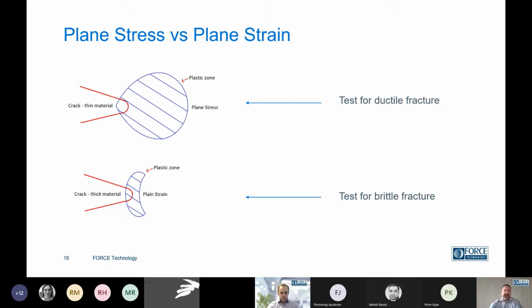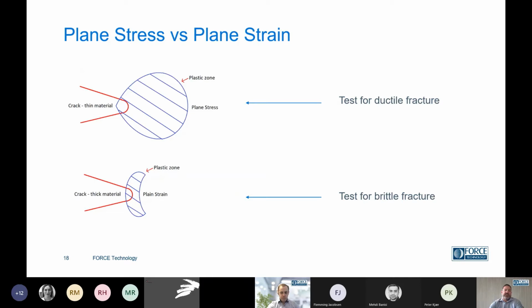And this is why we've got something called plane stress versus plane strain. These conditions affect what happens at the crack tip. Under plane stress conditions, we have a large plastic zone, so a lot more energy is required to make this crack grow.